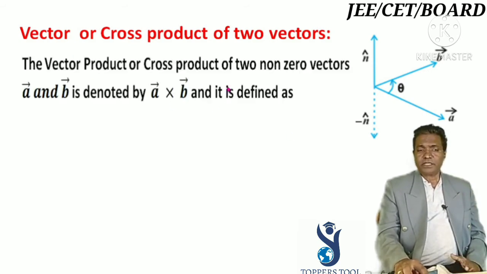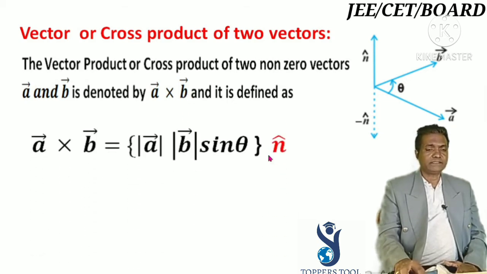The vector product or cross product of two non-zero vectors A and B is denoted by A cross B, and it is defined in this fashion: vector A cross vector B is equal to magnitude of A, magnitude of B into sine theta into n cap. What is n cap?